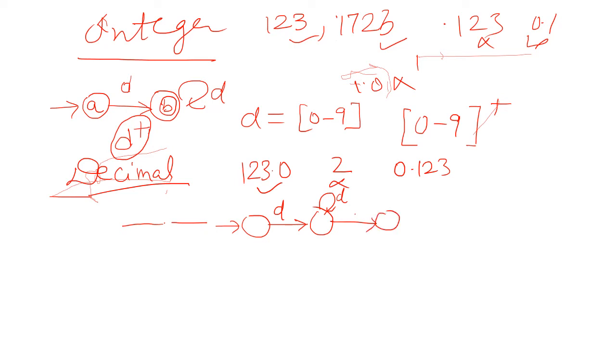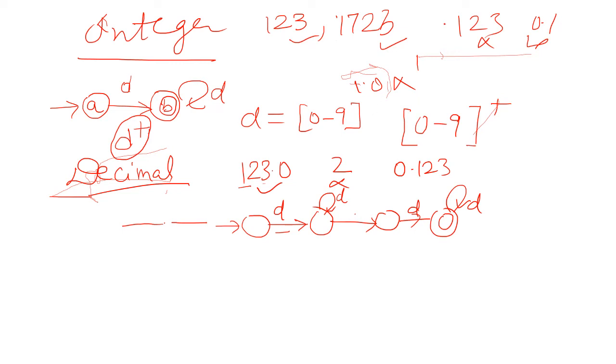Now after this point there should be a number, and this number might repeat, right? It means like 1 2 3, 1 will be consumed here, 2 consumed here, 3 consumed here, point consumed here, and 0 will be consumed here, and finally it will reach the final state.